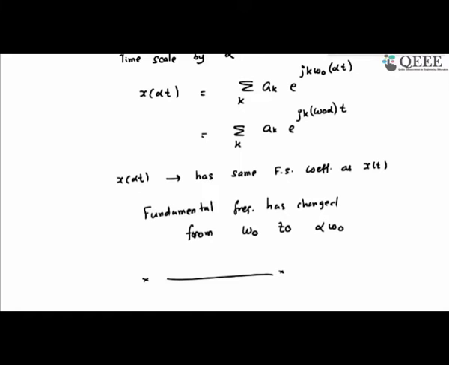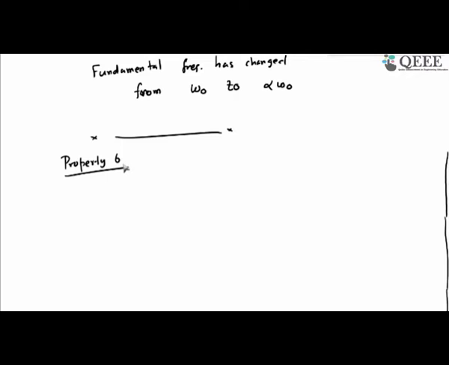Property 6, which I call the multiplication property. Let's say x of t has Fourier series representation with coefficients a_k.